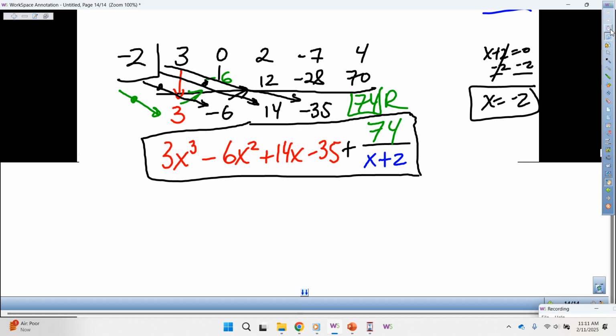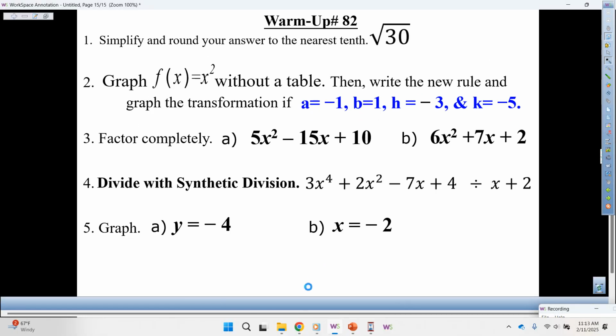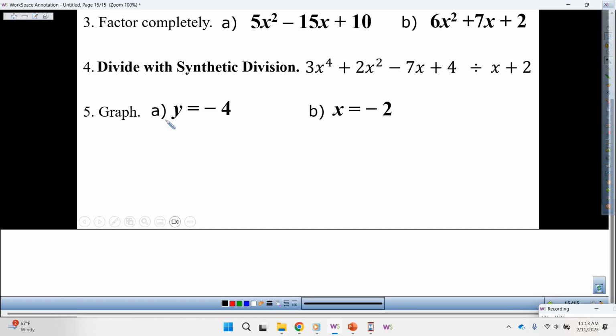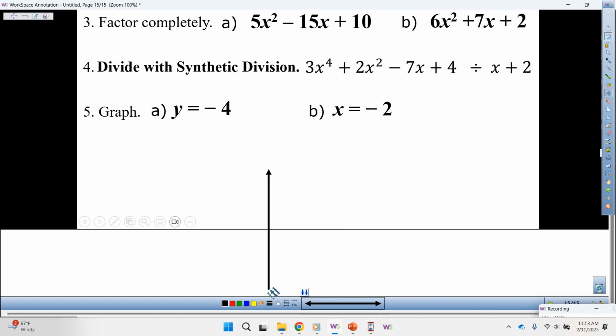Let's go to number 5. Graph y equals negative 4. All right, let me get my coordinate plane going. There it is. Y equals negative 4.